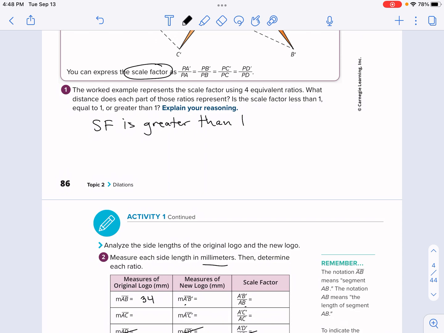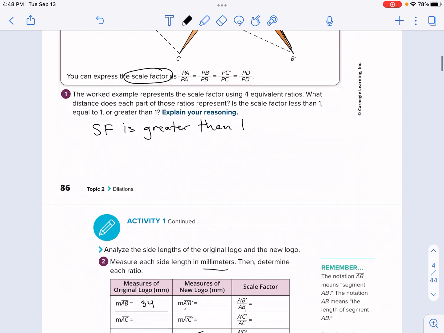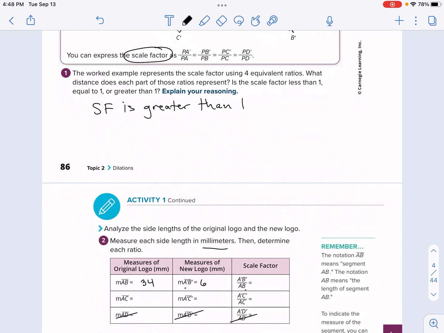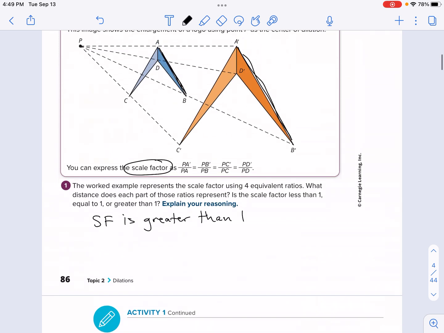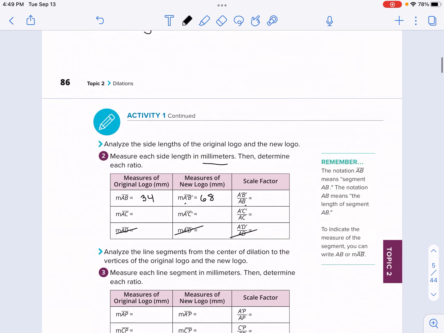And so that's the original figure. If we go to A prime B prime, this distance right here, that's obviously bigger, but that is 68 millimeters. And vice versa with AC over here, that's the same distance as the original one. That'll be 34. And this one, I'll just give it to you, that is 64.